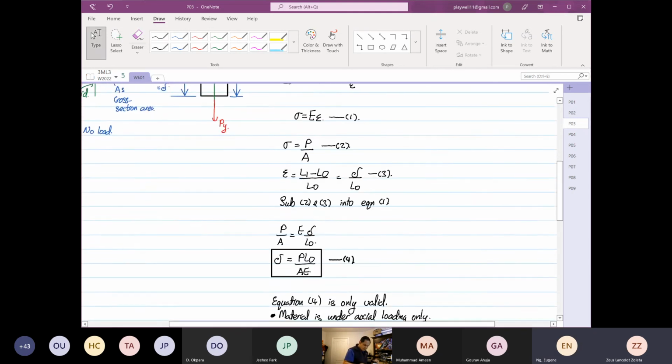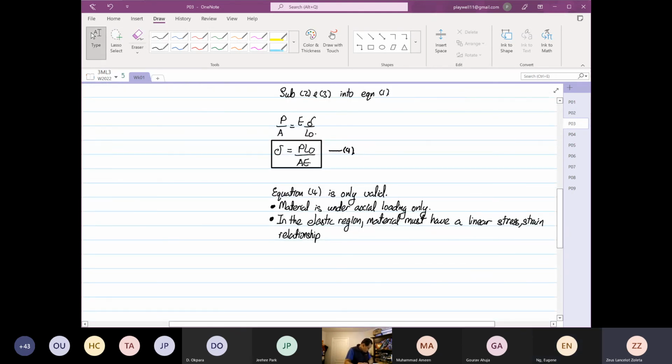The next one, which is not very obvious, is that the stress or the strain induced must be small. Okay.